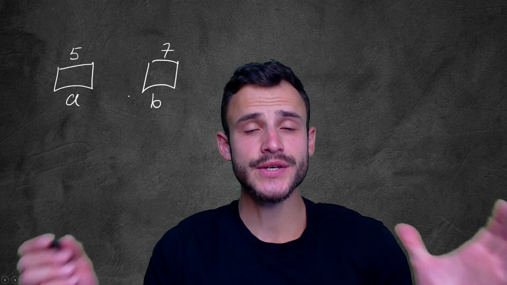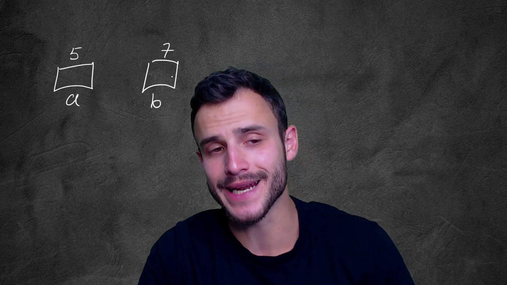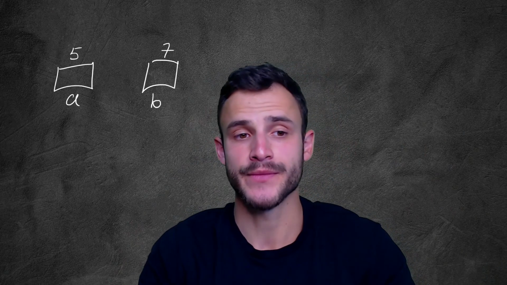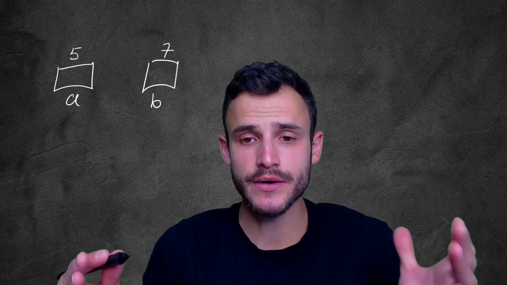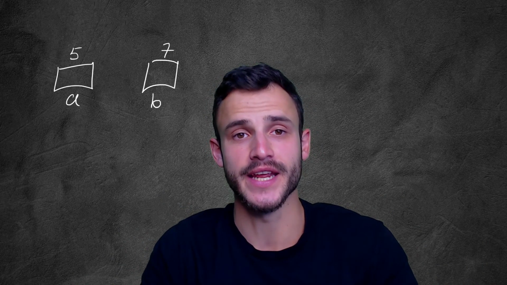What we want to do is take the value from a, which is 5, and put it inside b, and the value from b and put it inside a. So how are we going to do it? That's exactly what we are going to find out in this video.